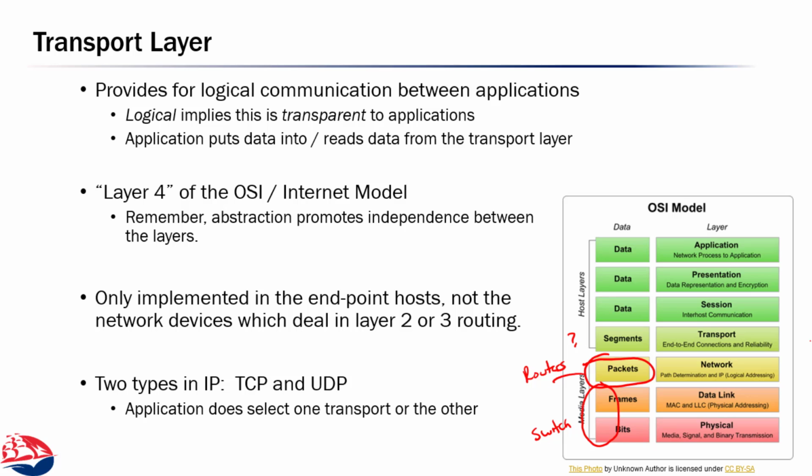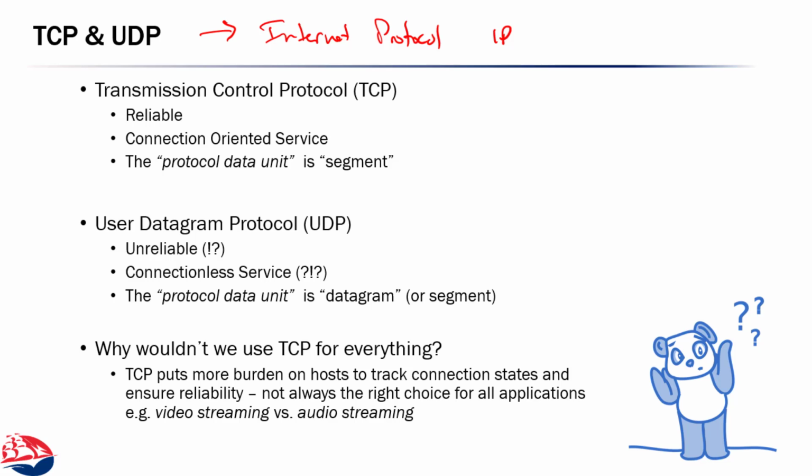And IP is the network link right here. So IP is at layer 3. So the TCP and UDP protocols that we're going to look at are designed to live on top of IP. But it doesn't mean that that's the only protocol that they can operate on, right? That's just the one that they are designed for. And there could be other layer 4 layers above IP. We're just not going to worry about them.